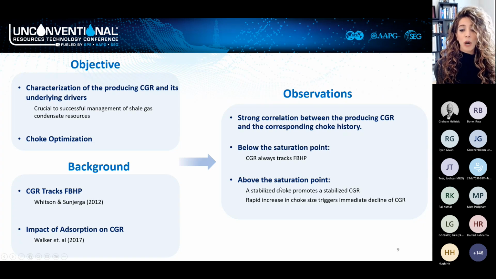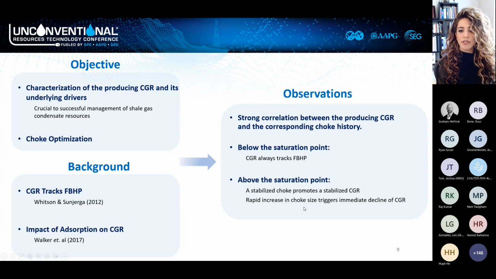However, when the wells operated above the saturation point, for as long as we are maintaining a consistent and stabilized choke, that will promote a stabilized and constant CGR trend starting from the CGRI. However, a rapid increase in choke size triggers an immediate and linear decline in CGR.